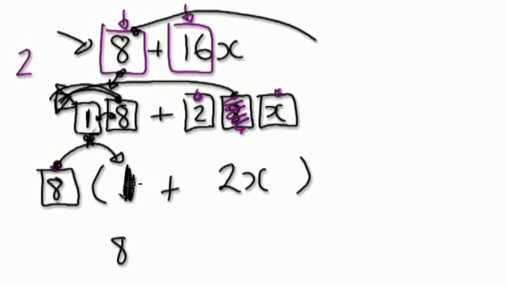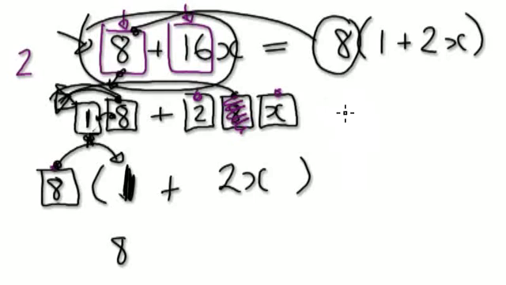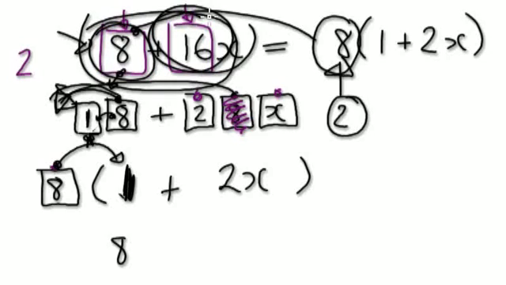So you've got to put the 1 in here. If you factorize this bit, it will become 8 bracket 1 plus 2x, because 8 is higher than the 2 we had earlier. So 8 is the highest common factor between these two terms.